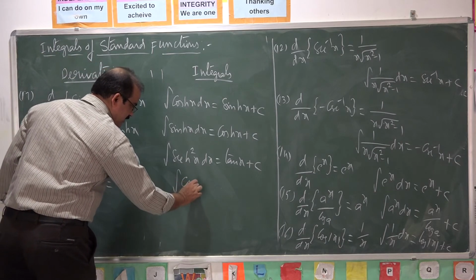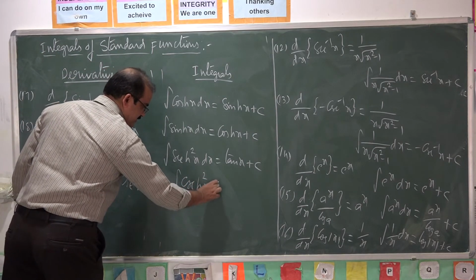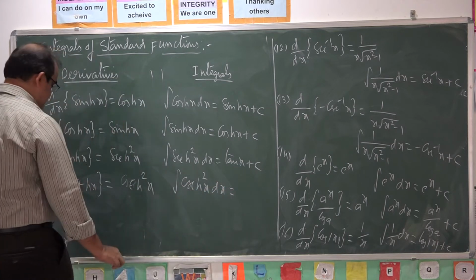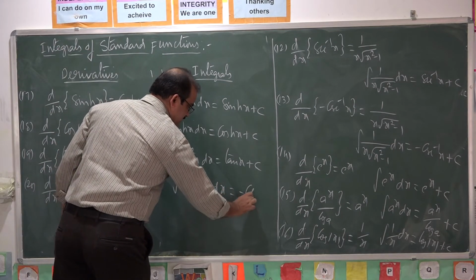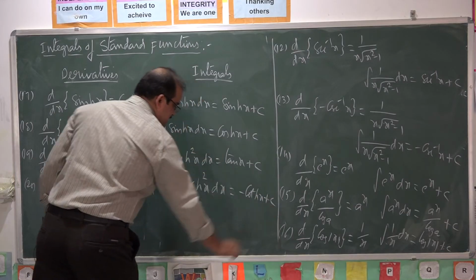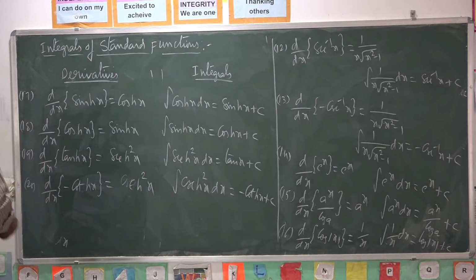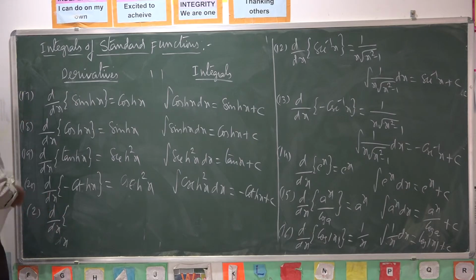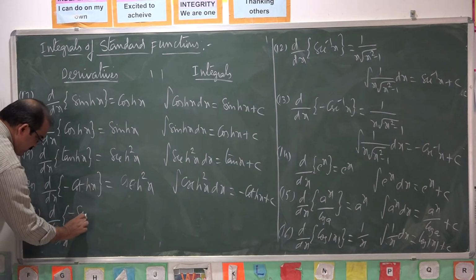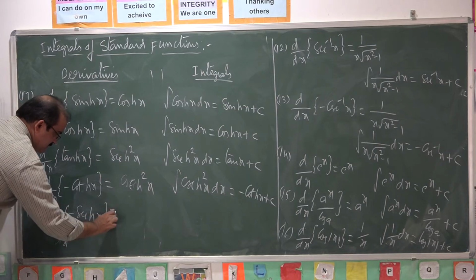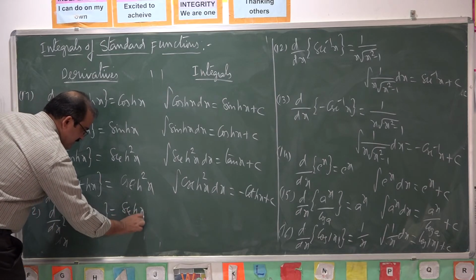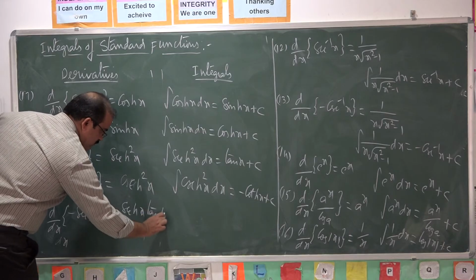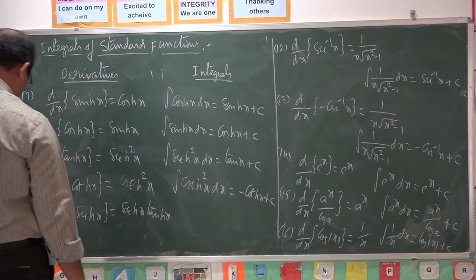So integral of cosecant h square x dx is equal to minus cot hx plus c. d by dx of minus secant hx is secant hx into tan hx.